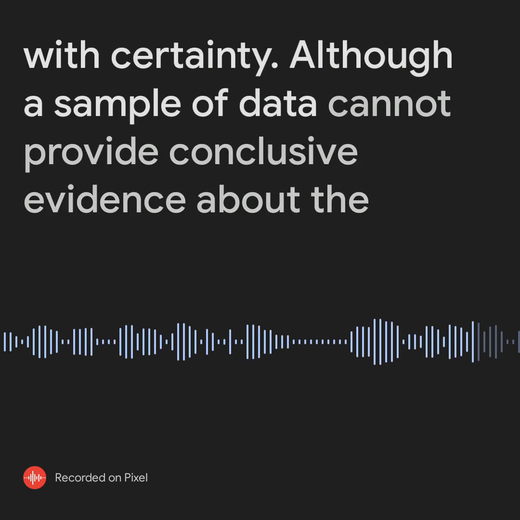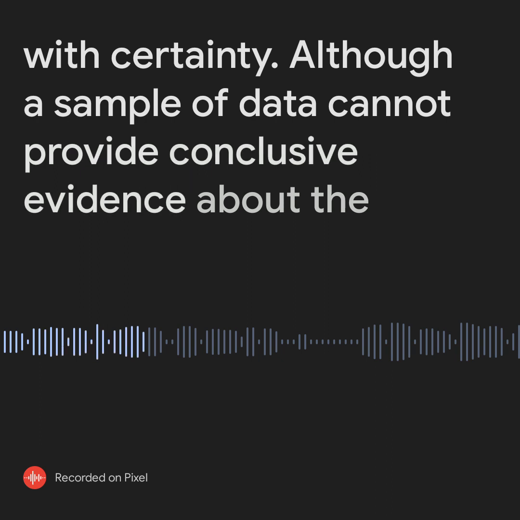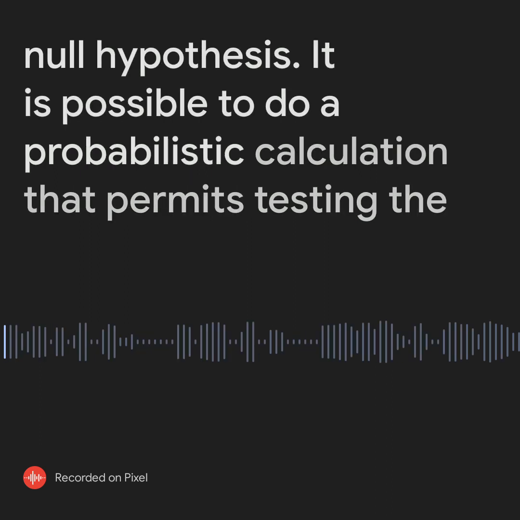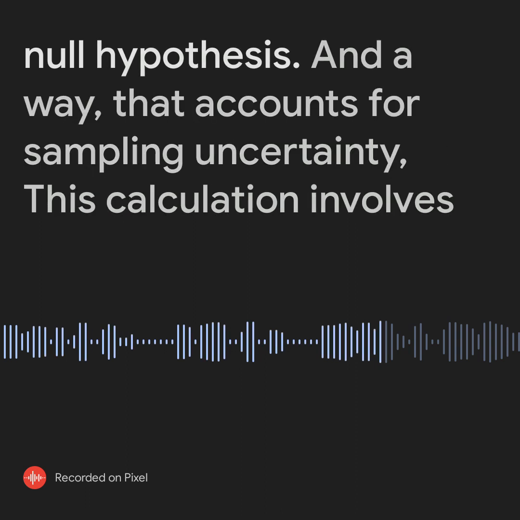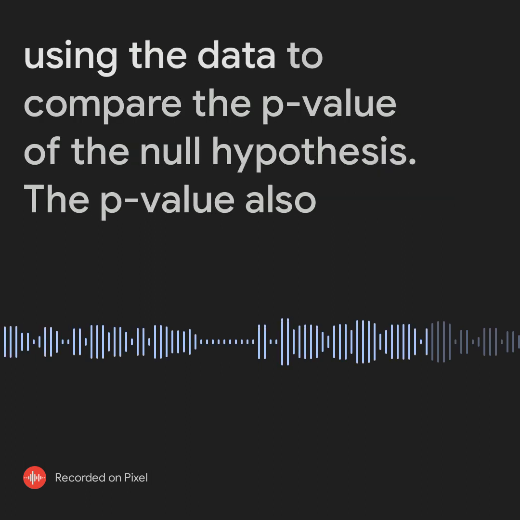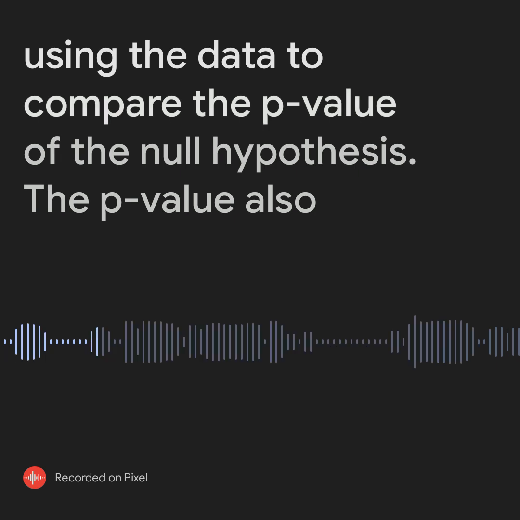Although a sample of data cannot provide conclusive evidence about the null hypothesis, it is possible to do a probabilistic calculation that permits testing the null hypothesis in a way that accounts for sampling uncertainty. This calculation involves using the data to compute the p-value of the null hypothesis.